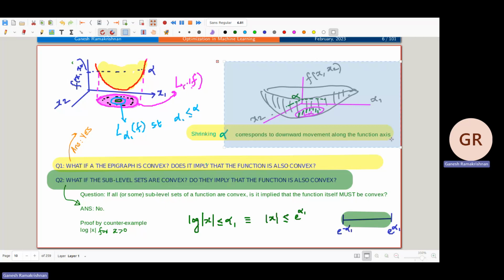Though the converse does not hold. By converse, we mean even if L_alpha f is convex for every value of alpha, f may not be convex.